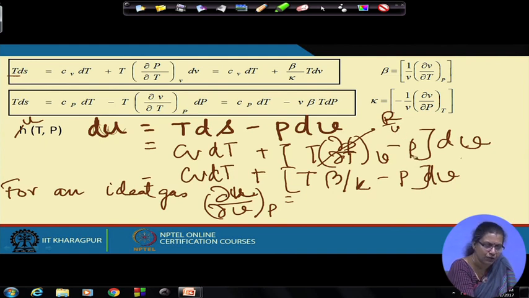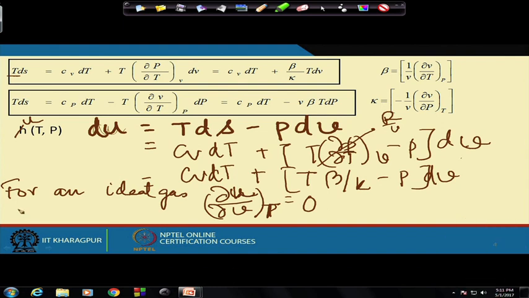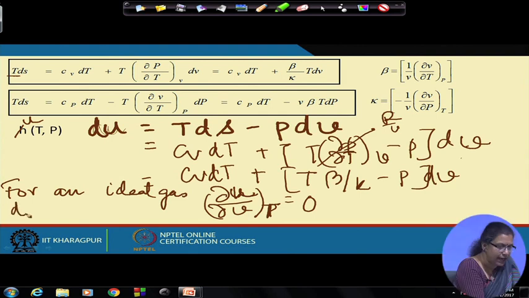So what do we find? The internal energy dependence on volume for an ideal gas disappears, and we find that del U del V at constant T becomes equal to 0, right. And I would like to remind you that when we were dealing with the first and second laws, I had told you that for an ideal gas dU equals Cv dT.